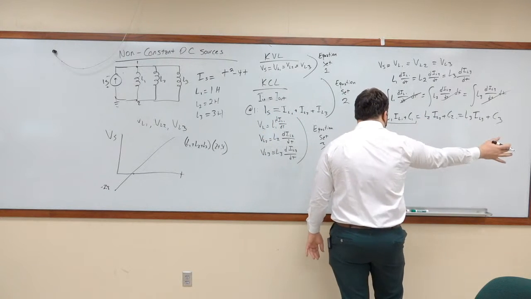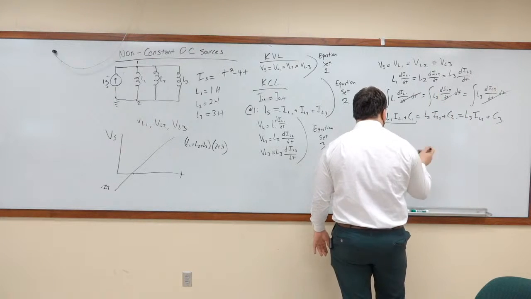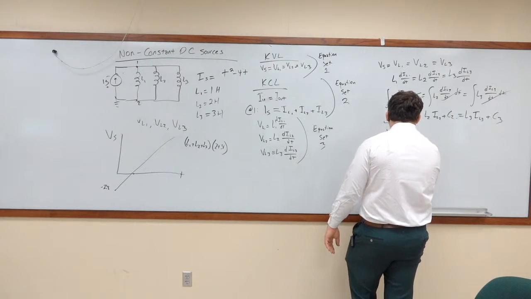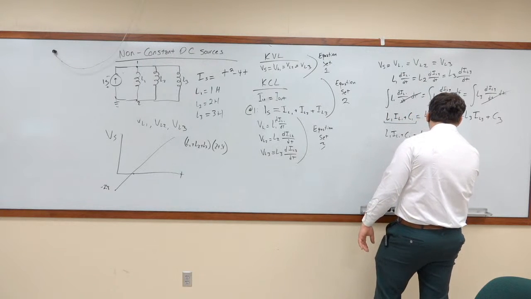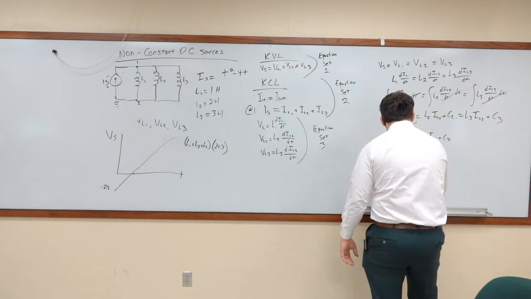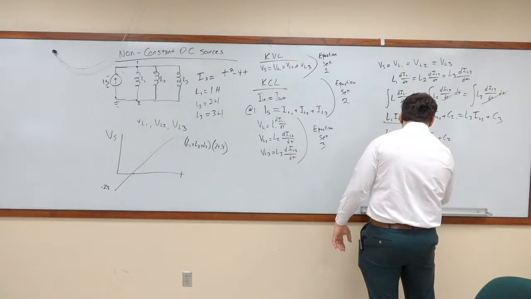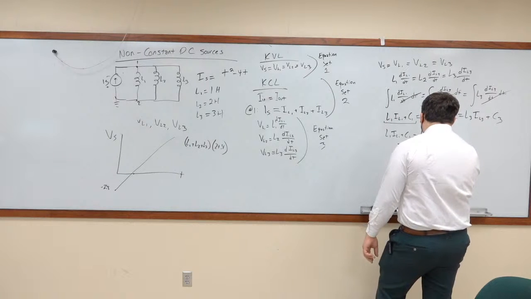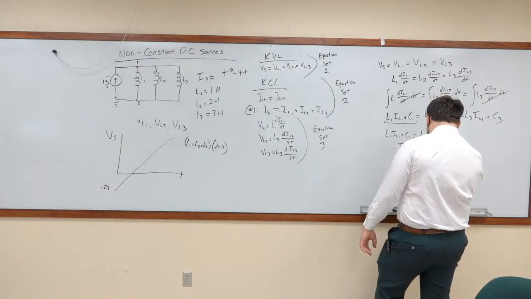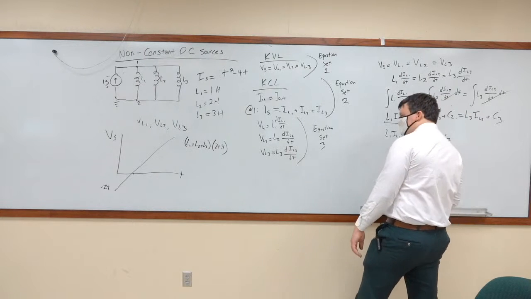So here, breaking this equation up and from 3 back into 2, we have L1 IL1 plus C1 equals L2 IL2 plus C2. That means IL2 is equal to L1 IL1 plus C1 divided by L2 minus C2.